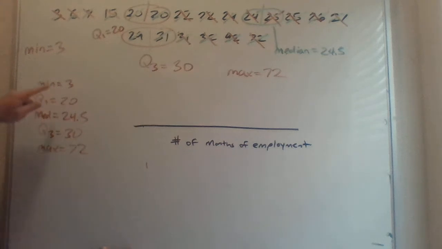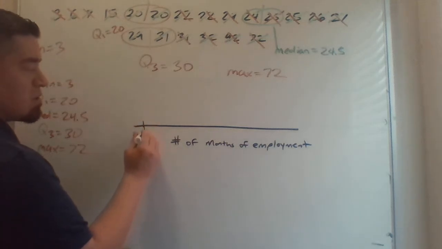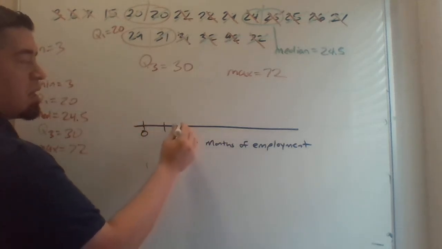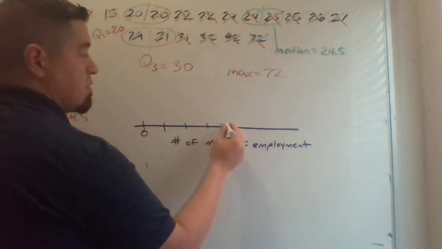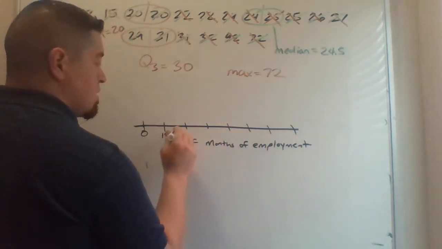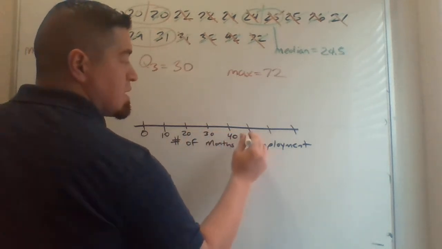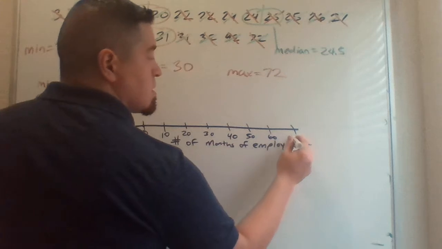And so I'm going to look at my 5-number summary. My numbers go from 3 to 72. So a good number to go by would probably be 10s, starting at 0. So 0, 10, 20, 30, 40, 50, 60, 70.